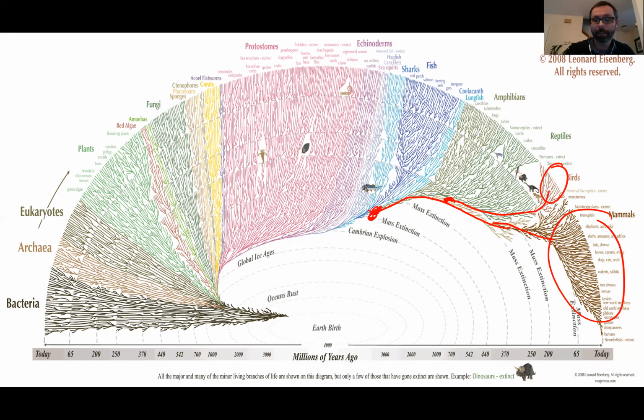The amphibians, theirs goes back to where the fish are. The fish goes way back to where the first animals would have been found. These would have been the ancestors of insects and lobsters and crabs and things like that. And then if you go back far enough, you get to the single-celled organisms, and then all the way back to the original life forms of bacteria, right?